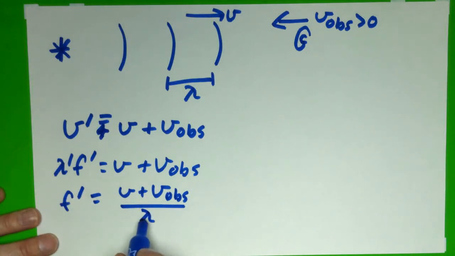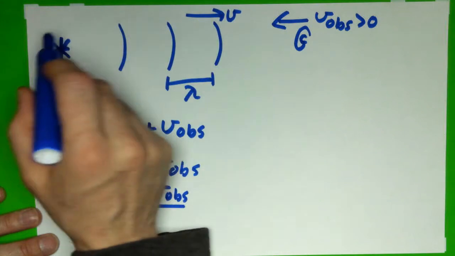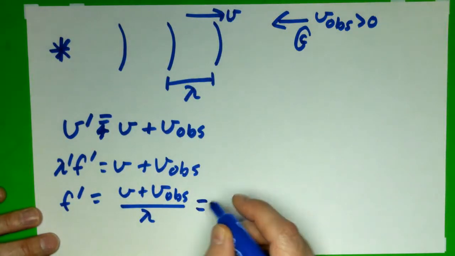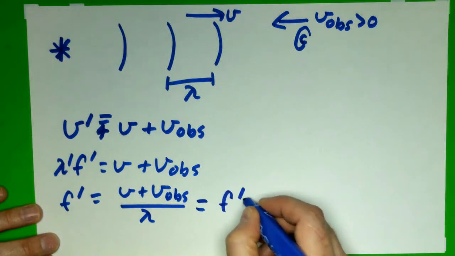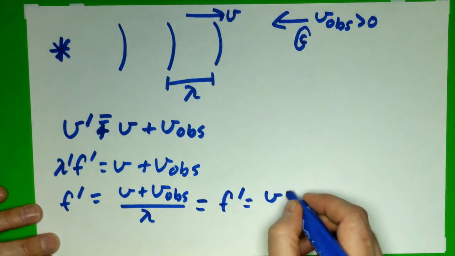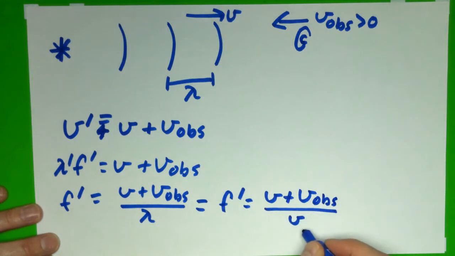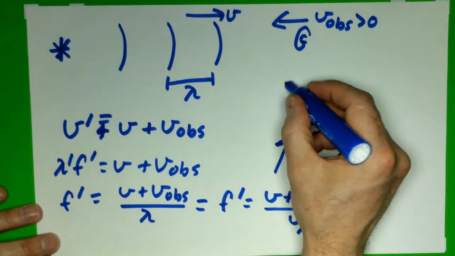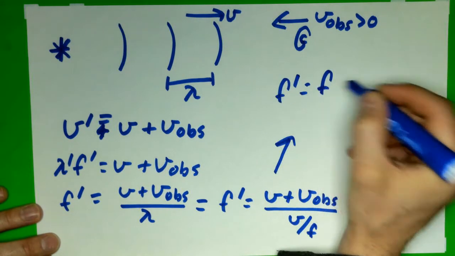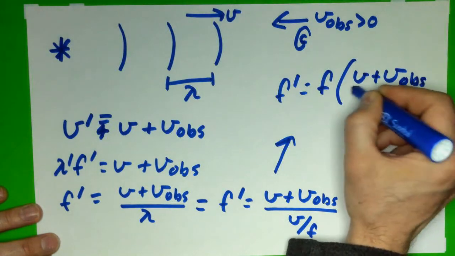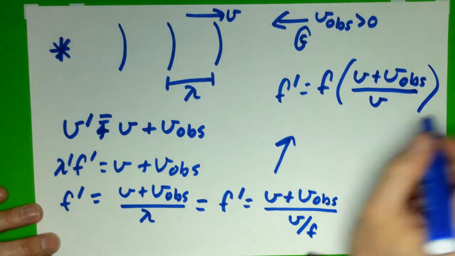So looking at this standard wavelength and knowing that it's related to the original frequency and the true speed, I can now write this as f prime is equal to v plus v observer over v, the velocity in air, times the true frequency, unprimed, which leads me to be able to write f prime equals the true frequency times (v plus v observer) over v, the speed of sound.